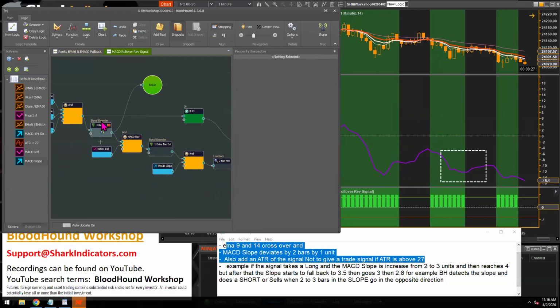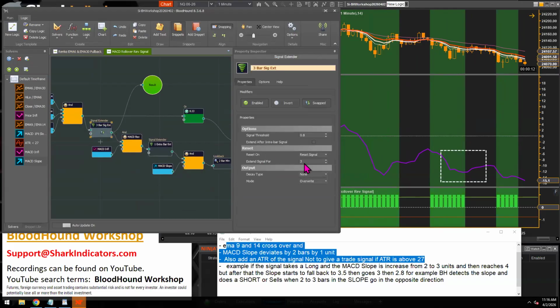Yeah, so we can see the signal extender was 1 bar short of the MACD reversing again. Right, so there you go. Personal decision making there. Do you want to extend this out another bar?